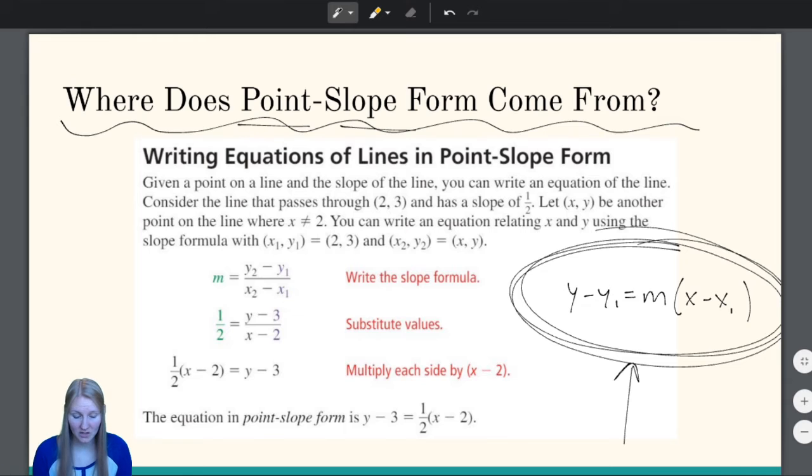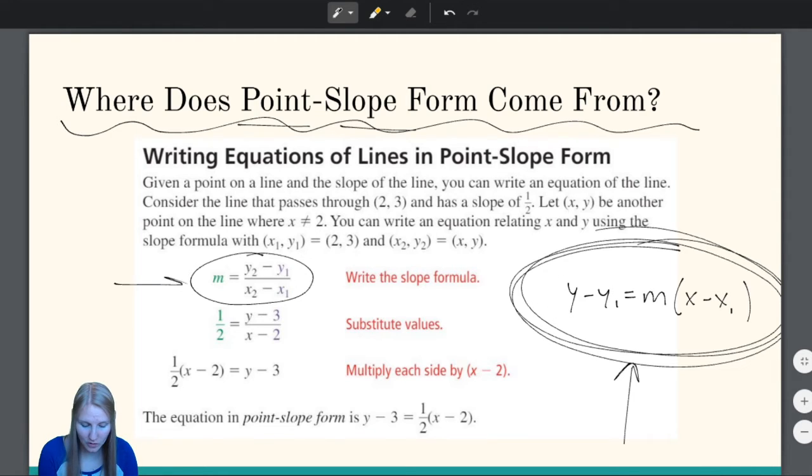And the answer is the formula for slope. So if we take the formula for slope and we get y by itself, see what they did? They took the formula for slope, and then they substituted some values. So they were given the slope and they were given a point, 2, 3.